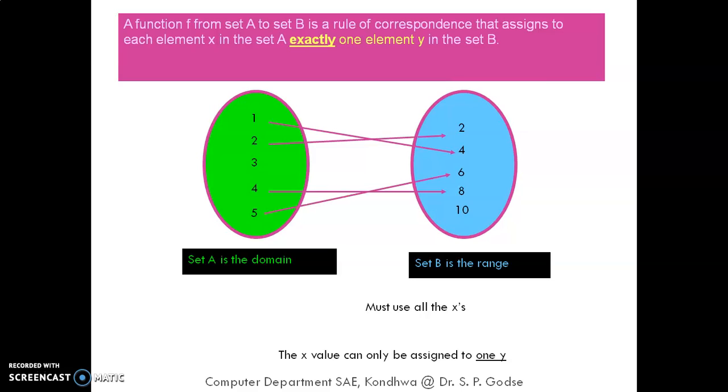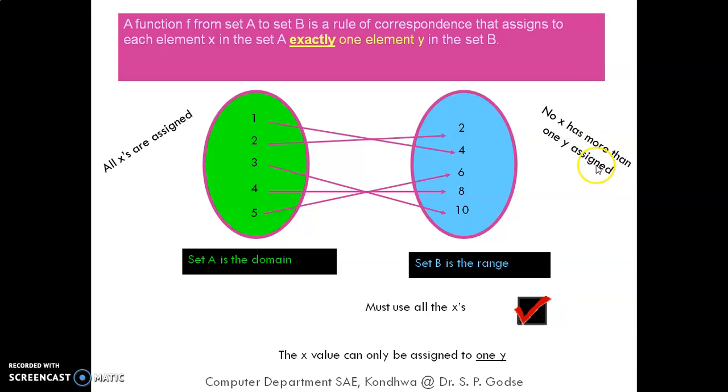So here you can see that every value is mapped to one value from the codomain set. The condition is that all x should be assigned, means for every input there should be some output, that is all x are assigned. No x has more than one y assigned. For every input only one y is assigned.